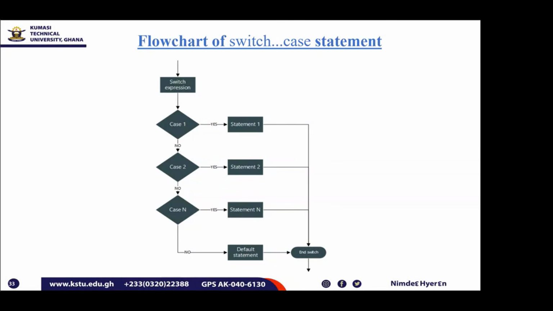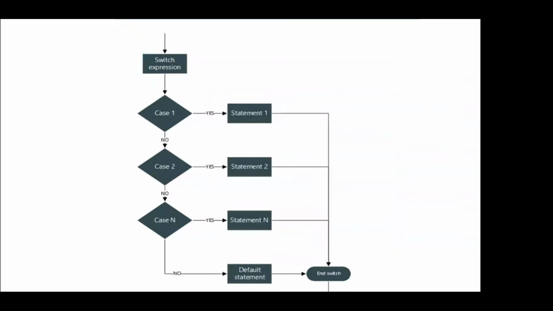Let's look at how this is executed with the use of a flowchart. So you have your switch expression, where you have switch and the variable in brackets, then case 1. If case 1 is yes, then the statement of case 1 is executed, and then we end the switch.